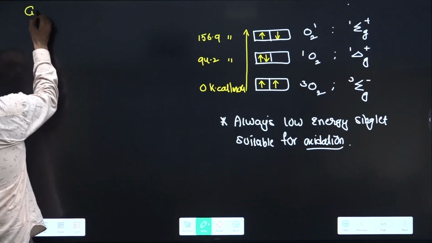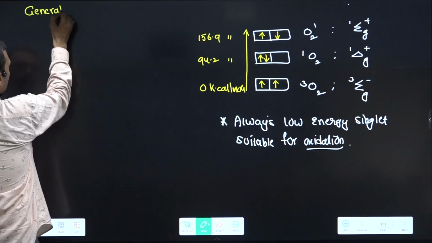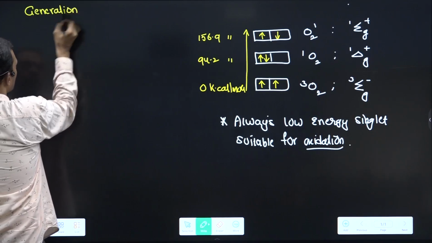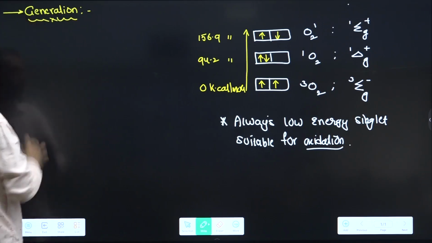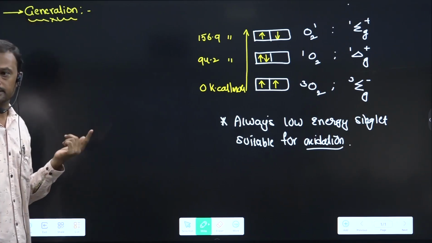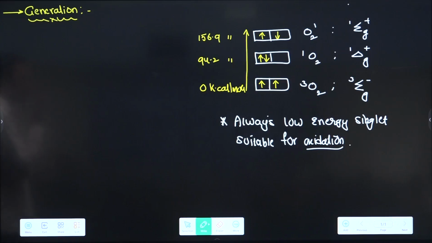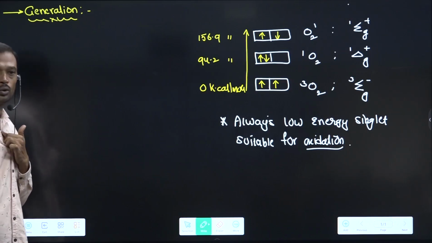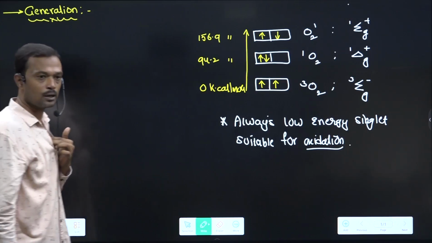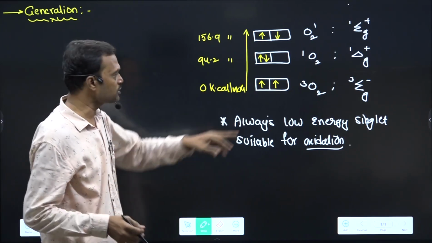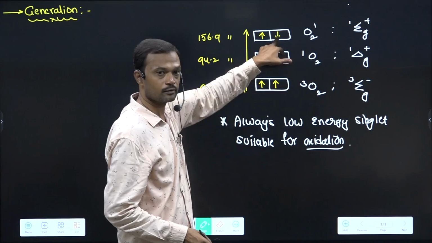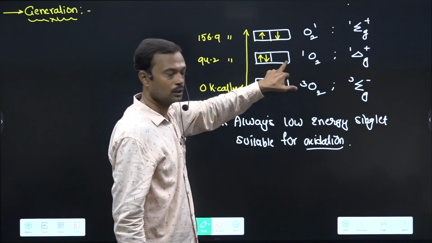Now go for generations. Preparation of singlet oxygens. How to prepare singlet oxygens? Chemical methods to prepare singlet oxygen. Is a triplet suitable? No. Normally triplet is not suitable for oxidation. So our target is to generate singlet. Singlet means which singlet out of these 2? First one or second one? First one only. Consider this one.